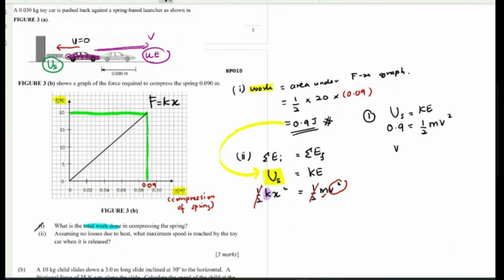So daripada sini you kira lah V. Boleh juga you nak buat macam ni. So dia akan jadi 2 times 0.9 over the mass. Mass dia tadi berapa? 0.03. So nanti V ni awak dapat lah 7.75. Okay, ini cara yang pertama lah.